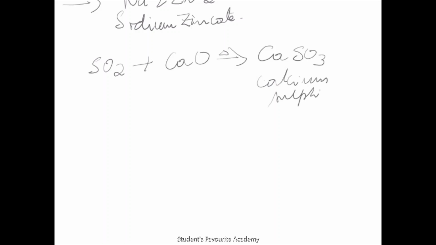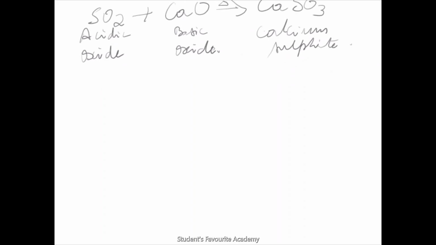SO2 is an acidic oxide, and CaO, calcium oxide, is a basic oxide. Similarly, when carbon dioxide reacts with calcium oxide, it forms calcium carbonate, CaCO3.